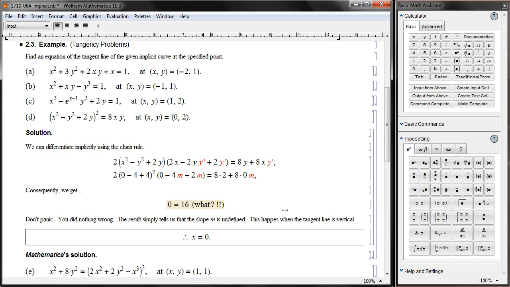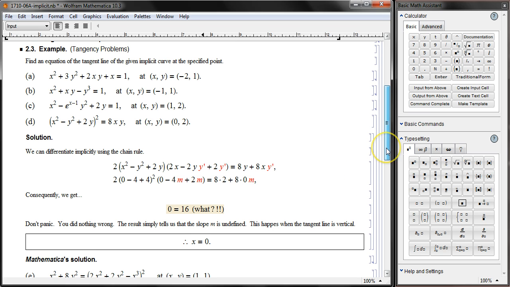So if you see something like this, what do you do? Do you panic and try to look for some mistake? Maybe, but in the case of implicit differentiation, this may be just the norm. As a matter of fact, this may be telling you that there's no such thing as m. Indeed, if the slope is undefined, you're going to get a vertical line, x equals x0, and x equals 0 may be the tangent line you're looking for. Is it really?